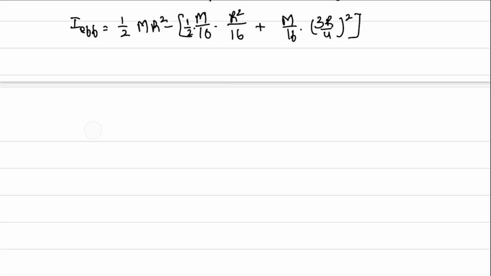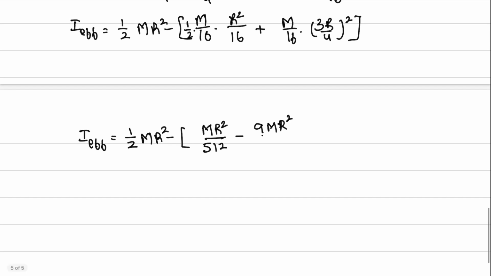This becomes I effective is equal to half M R square minus M R square by 512, since 16 into 16 is 256, into 2 is 512, minus 9 M R square by 256.